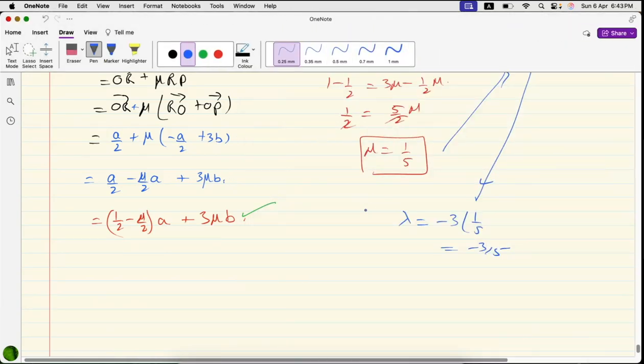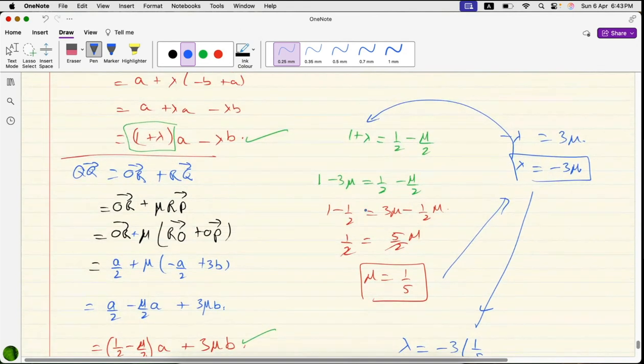Why are we getting that negative sign? Let me just quickly check by substituting them back.